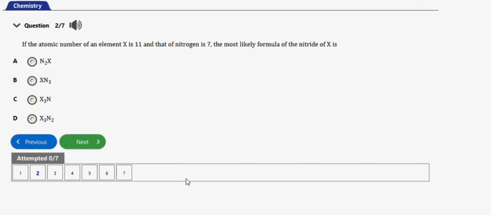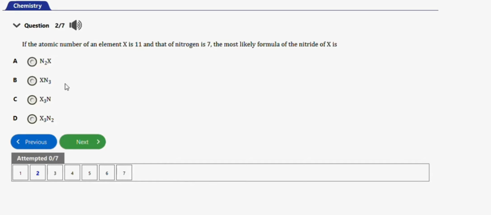So what will happen in this reaction between sodium and nitrogen is that nitrogen will receive the 3 electrons it needs from sodium, whereas sodium will transfer the 1 electron it is going to give to nitrogen.